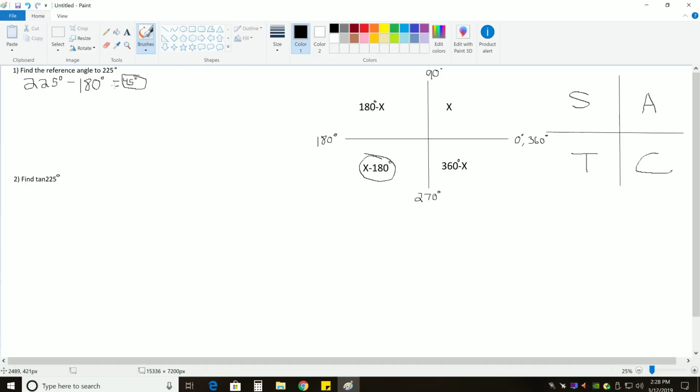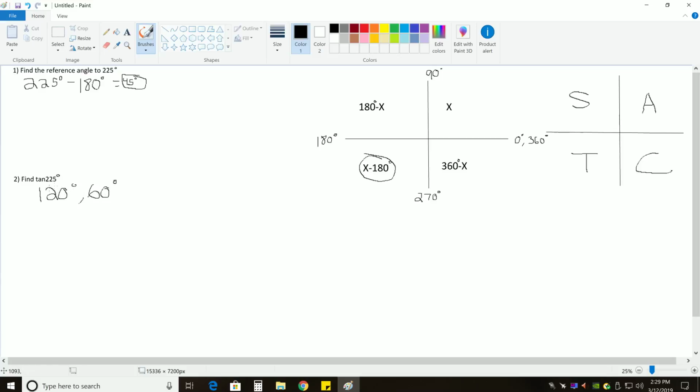So that's part 1. Part 2 is to find tangent of 225 degrees. The reason why this relies on part 1 is because when you're finding trig function values, you can use the reference angles. For instance, 120 degrees is going to give the same trig function values as 60 degrees.